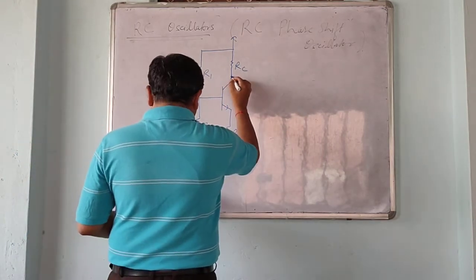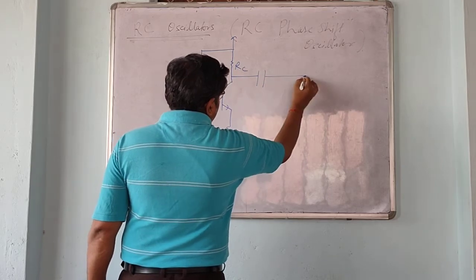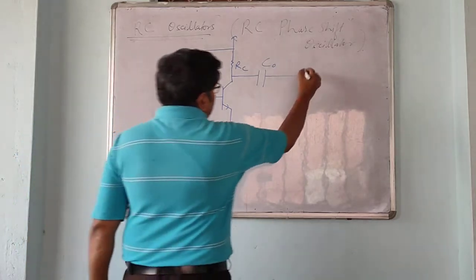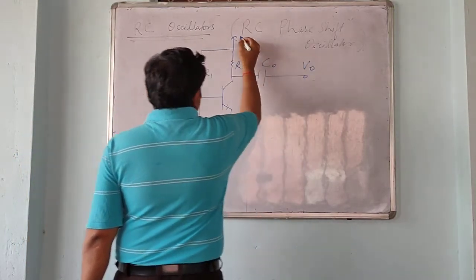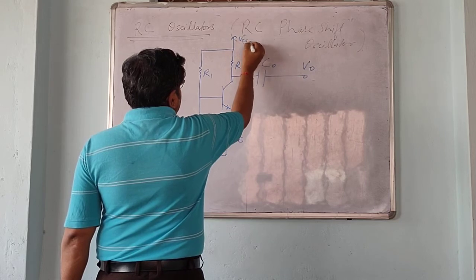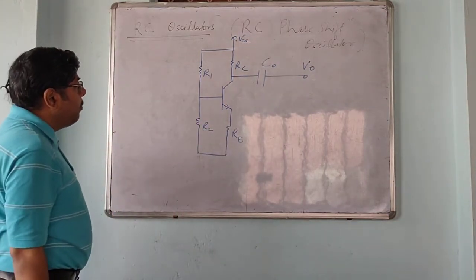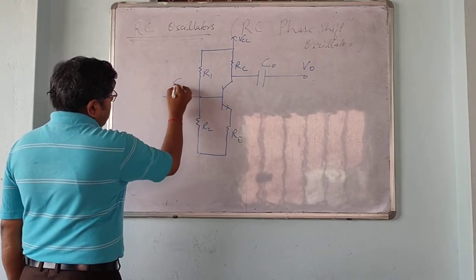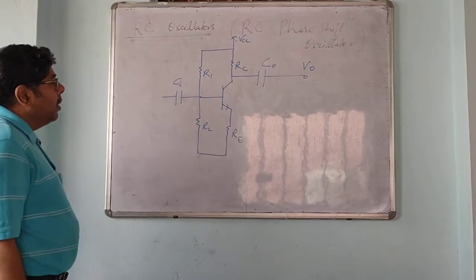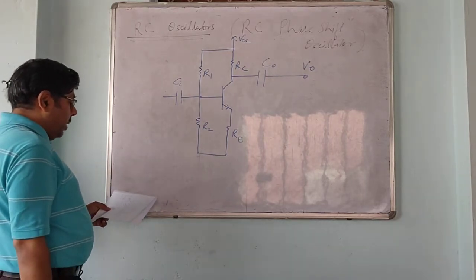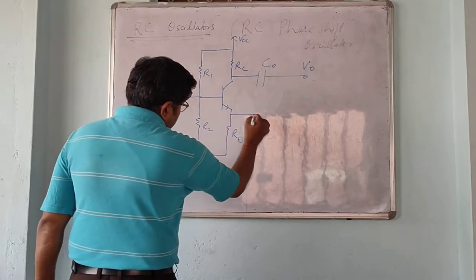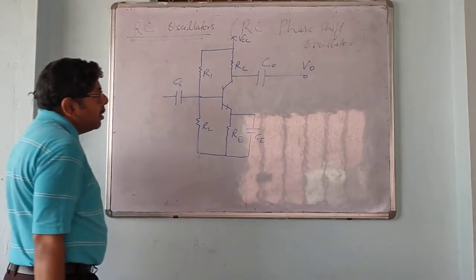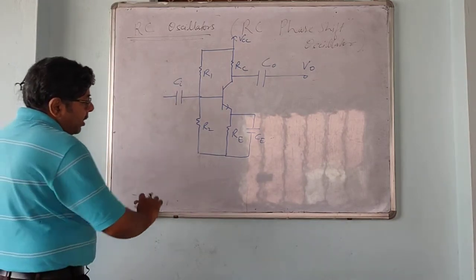Here is the output through a capacitor, suppose this capacitor is C0. Here we are getting output. The coupling capacitor at input is CI. After that, you can get one more capacitor as a bypass capacitor, and the main thing is feedback.